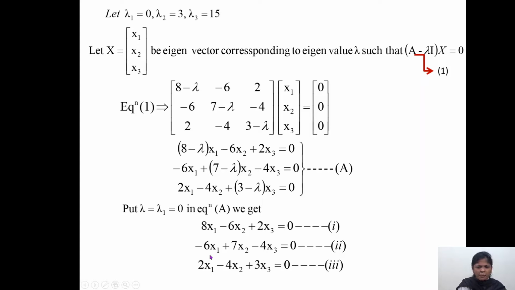We will leave the coefficient of x1. This we have discussed in our earlier videos on determinants and Cramer's rule.